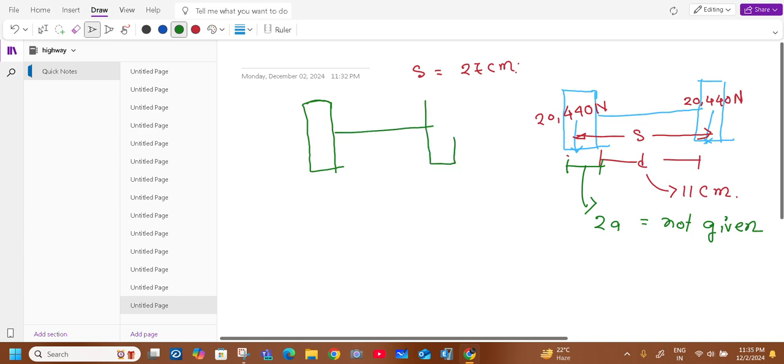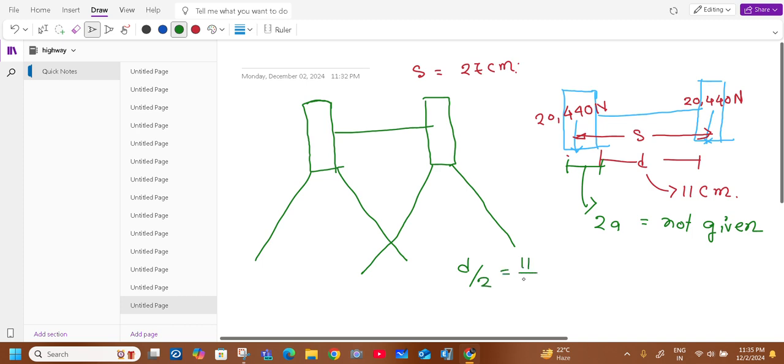This is the dual wheel assembly. What is D by 2? D by 2 means 11 by 2 equal to 5.5 centimeter, and 2S is equal to 2 into 27 centimeter.